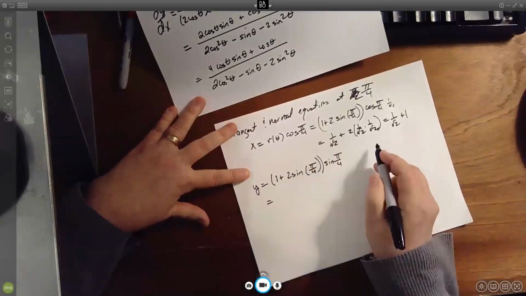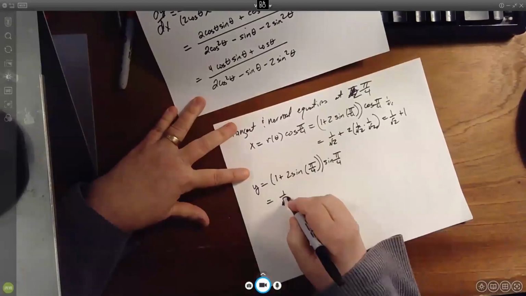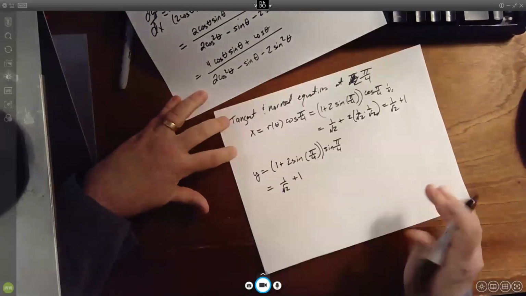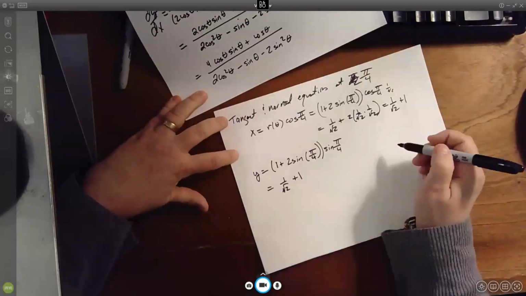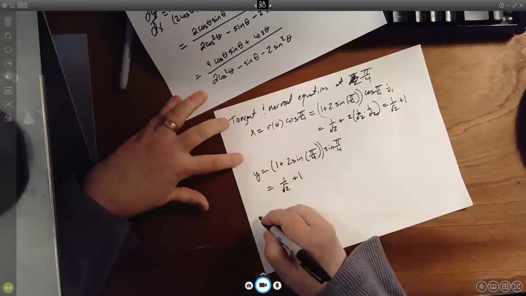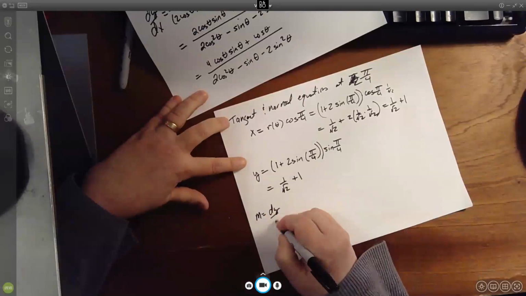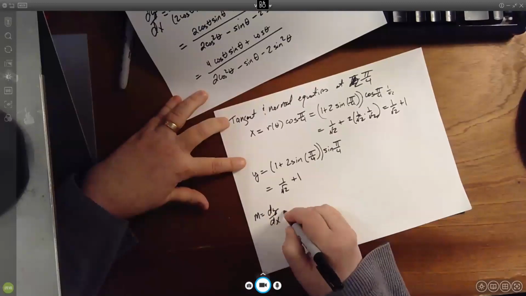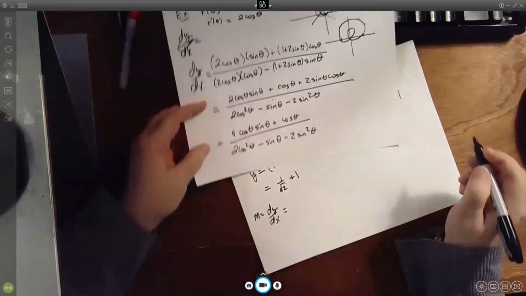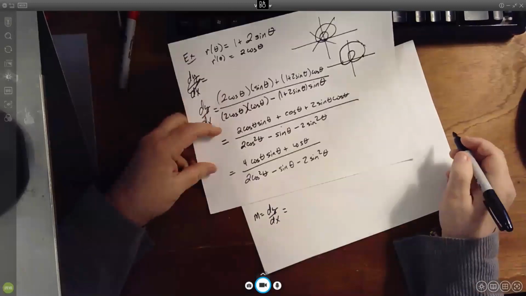Because sine and cosine are the same thing of pi over 4. So I have my points, as ugly as they are. I want the slope, which is dy/dx.